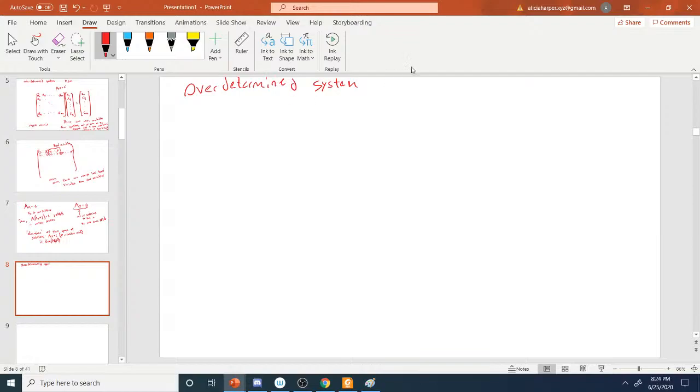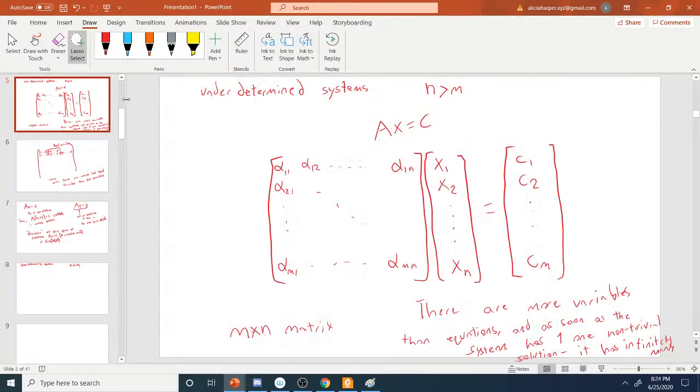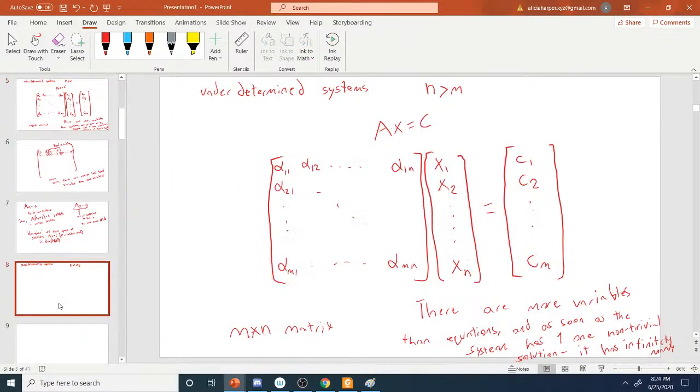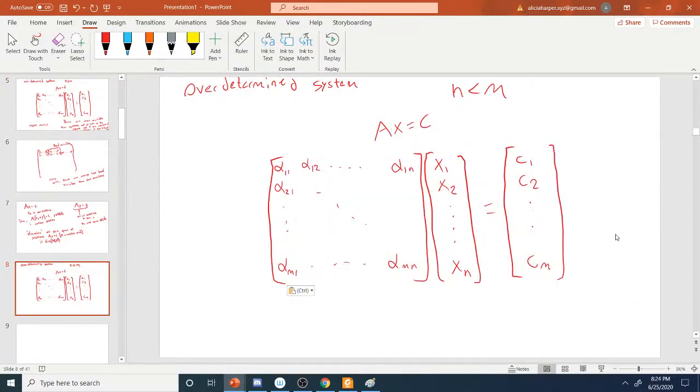So for an overdetermined system, you have n less than m, but you have the same general setup. So I can just copy paste this and go over here. And the key difference now is that there are more equations than unknowns.